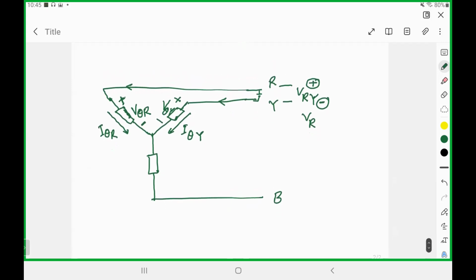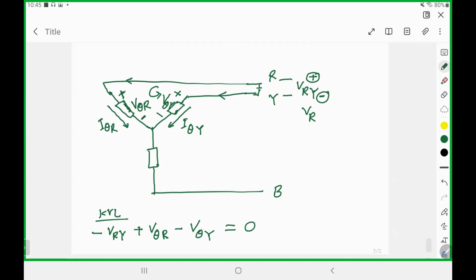So if you apply, I can just write down KVL in this loop. If you start from here, it is minus VRY. Then I will have plus V theta R. And then I will have minus V theta Y. And that will be equal to 0, right?